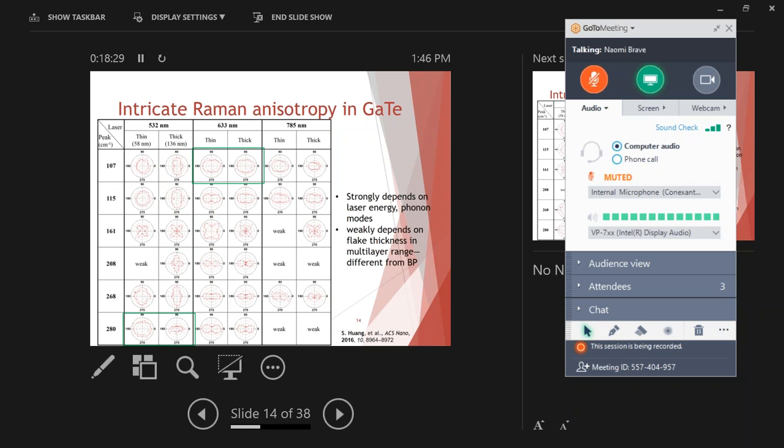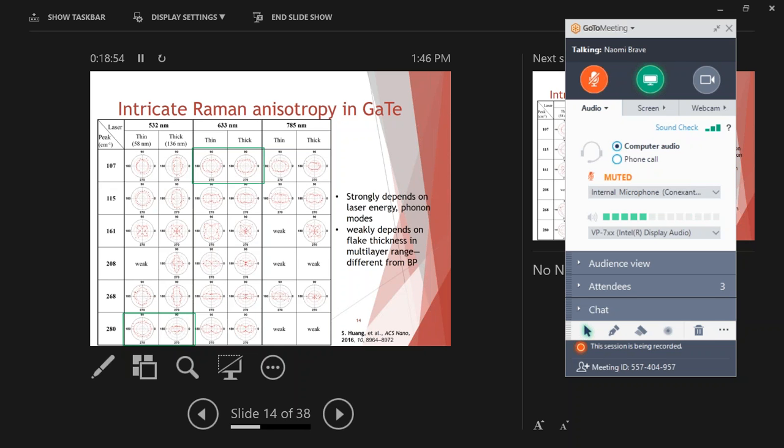And also, if we look at the Raman anisotropy for different flakes, here I show a relatively thin flake, which is still very thick, about 60 nanometers thick, and an even thicker one, which is around 130 nanometers thick. We can see the shapes of the Raman polar plots are different, but overall the orientation is the same.